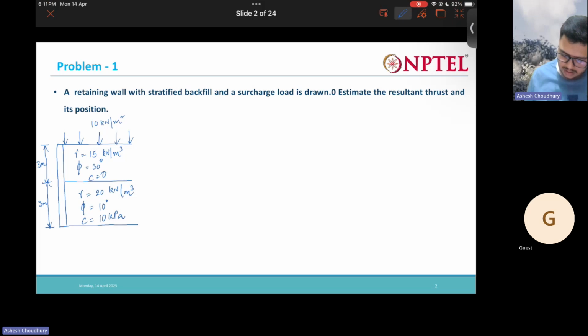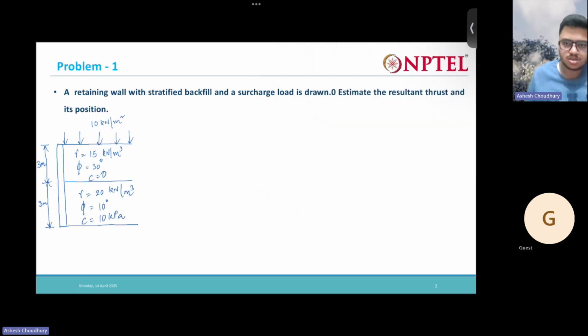So this is the arrangement of the soil layers.